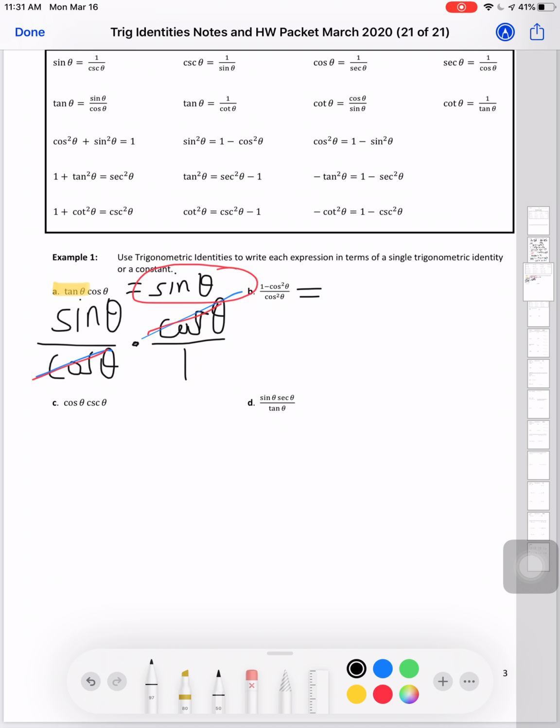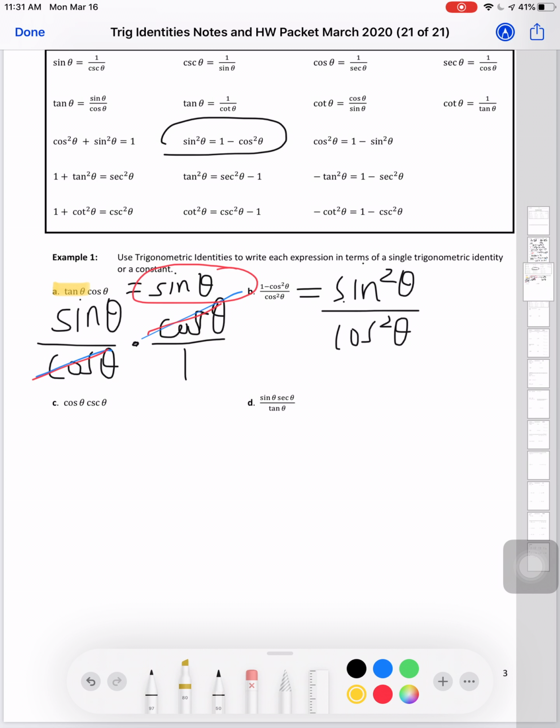All right. This one, we know there's a cosine squared on the bottom. I can do multiple things with this, but I think the fastest that I would see is that 1 minus cosine squared from up here. 1 minus cosine squared is sine squared. So I have sine squared over cosine squared.